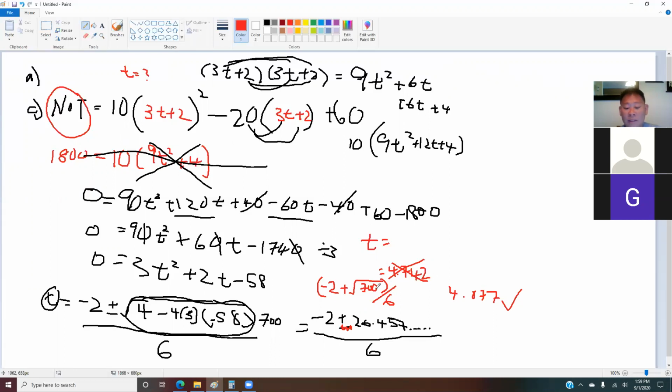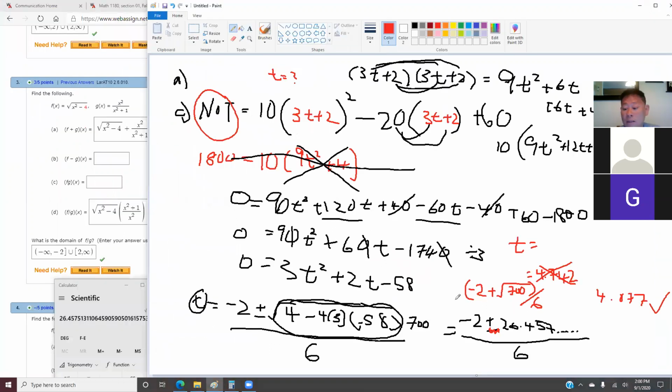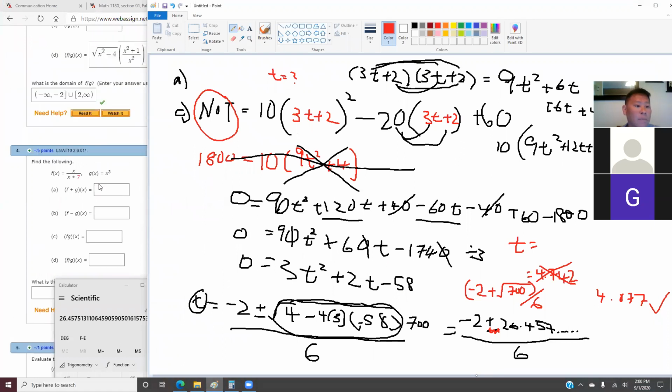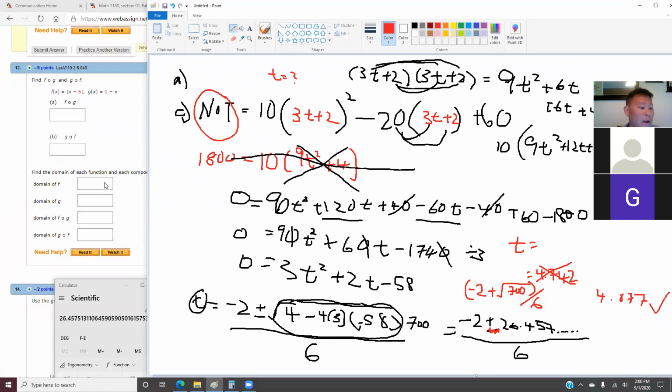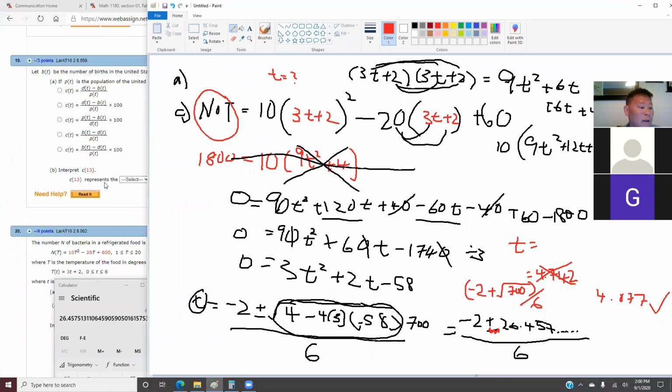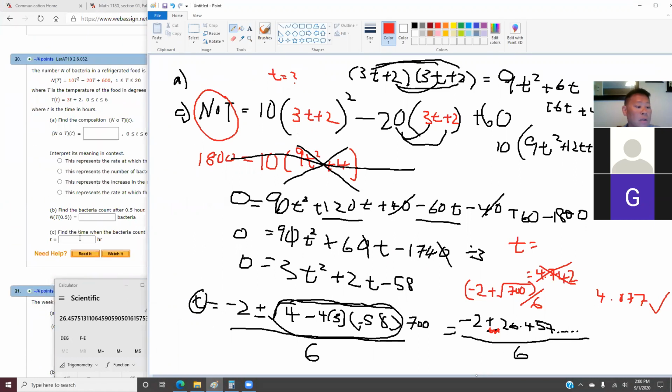So make sure you have a parenthesis around this before you divide by 6. That is the one I want to point out to you because a lot of students make that mistake in the test. So don't do that. That's how we do question 20C. So your answer in this case is 4.077.